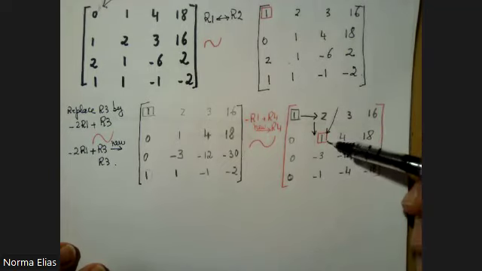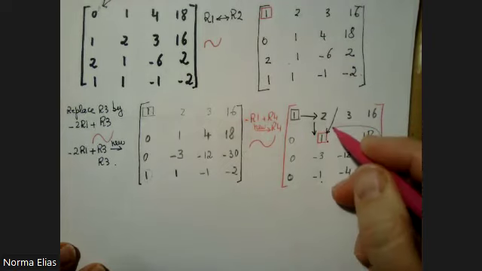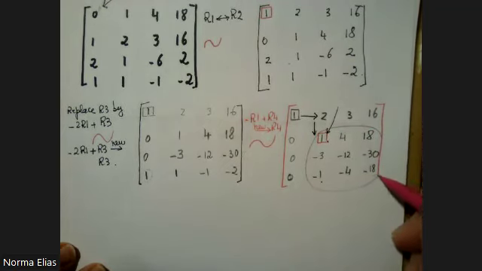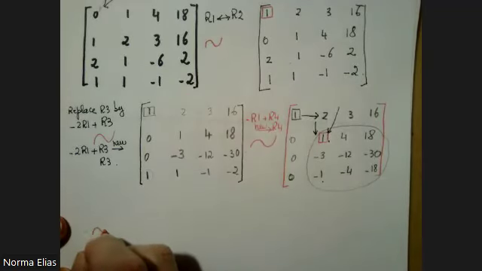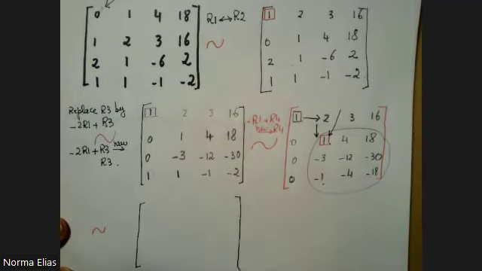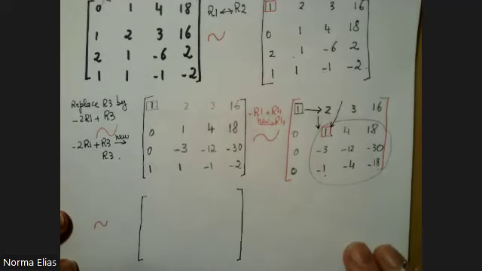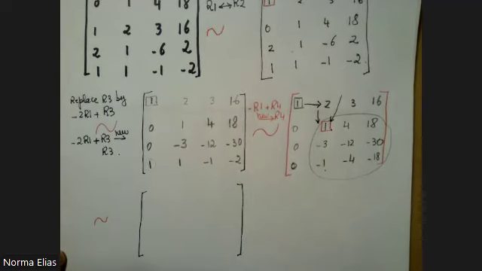I'm going to use this leading one to create a 0 here and a 0 right here. So now I'm going to repeat the process that I did a minute ago, but on this submatrix, if you want to call it that. All right, so let's see if I made sense to you. Which operation do you want me to do? Just to write it down or just unmute it?